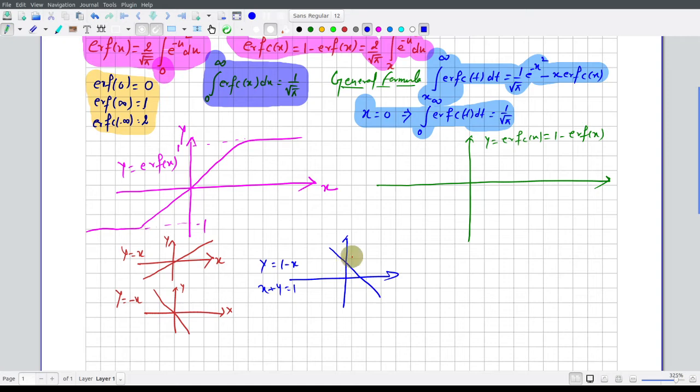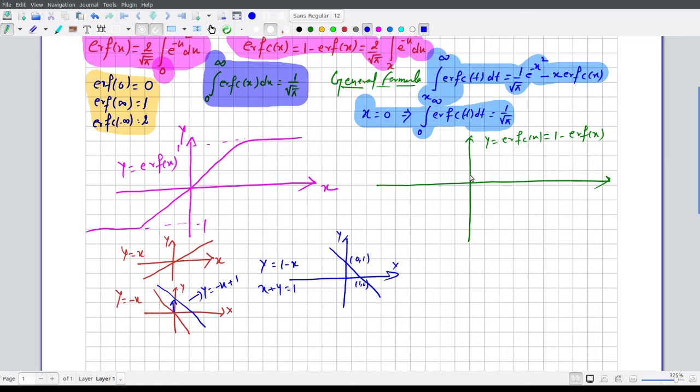So the intersection points are 0, 1 and 1, 0 on x and y. Getting my point? y equals x, y equals minus x. Now we are adding 1, so you just go 1 unit up. So this one is your y equals minus x plus 1. The same concept we have to use here.